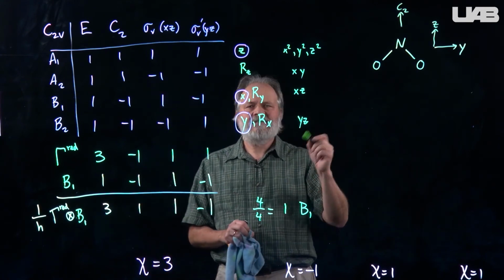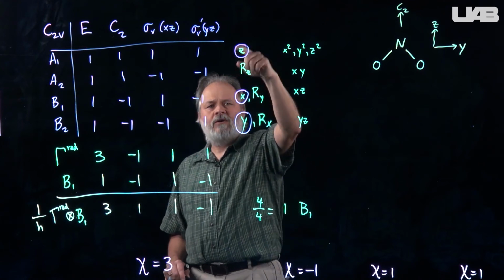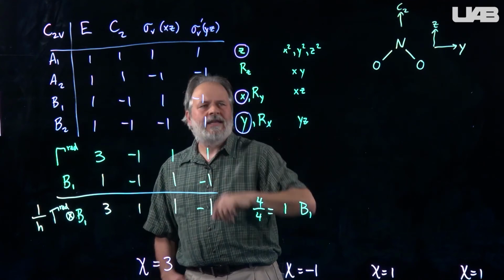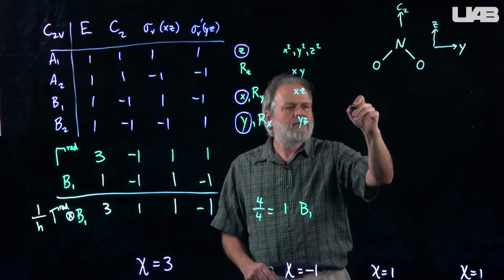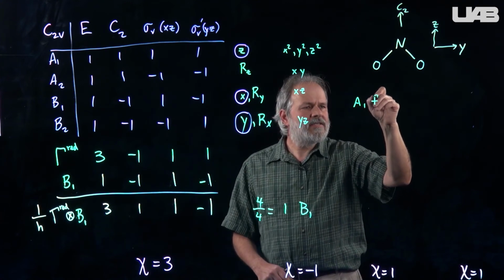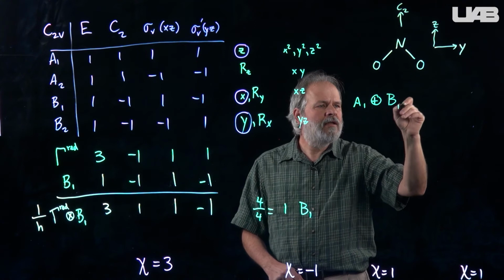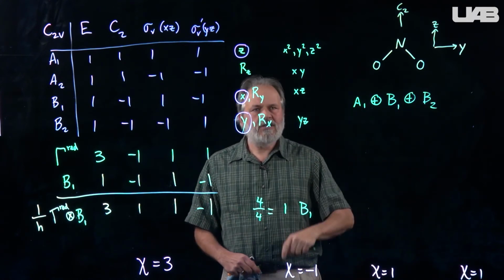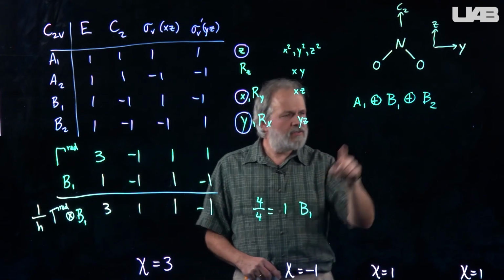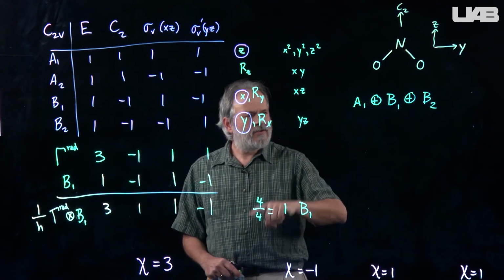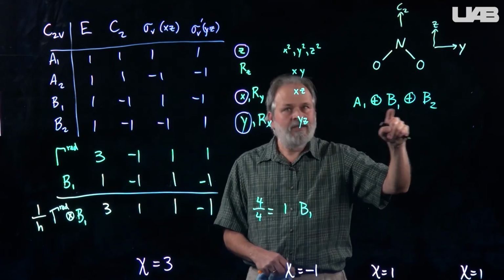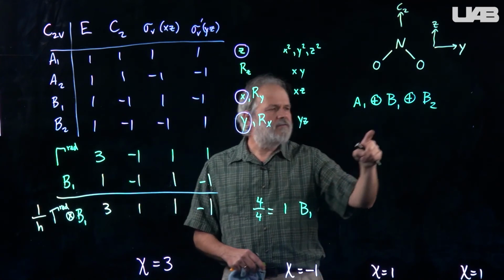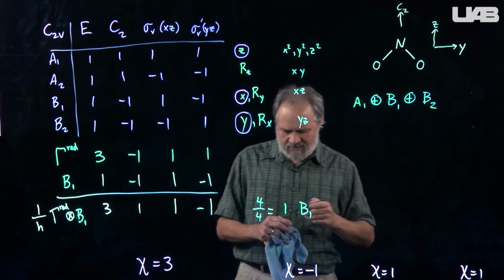The last thing I want to do is go at it from the reverse. I want to take B2, B1, and A1 and add them all together. So A1 plus B1 plus B2. We've already shown that there's an A1. We just showed that there's a B1. We've shown that there's no A2, so we don't write it in our sum. And we suspect that for B2 there's going to be one of them. Let's do the sum of these.